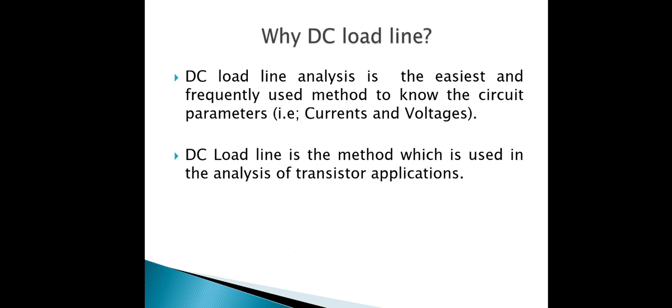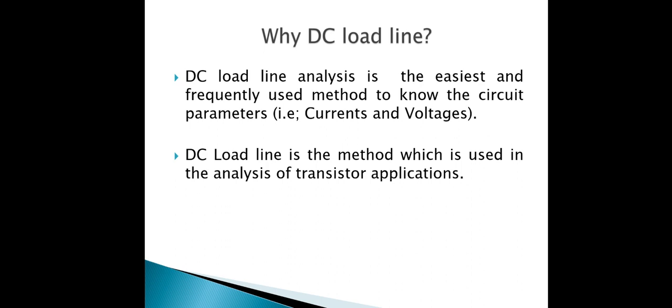DC load line analysis is the easiest and the most frequently used method to know the circuit parameters. That is why almost all transistor analysis methods utilize DC load line analysis.